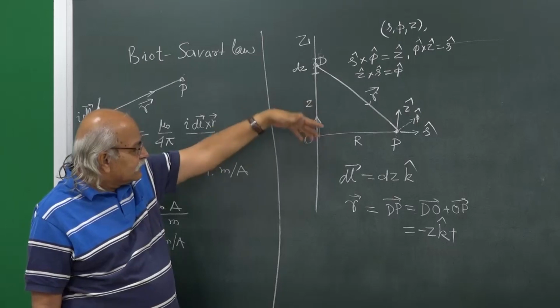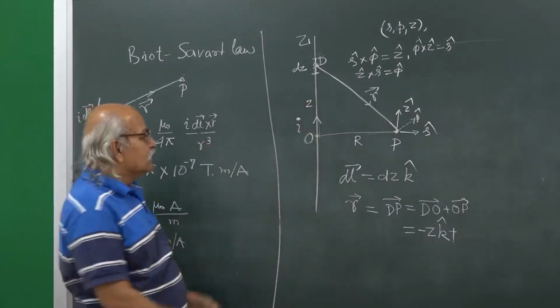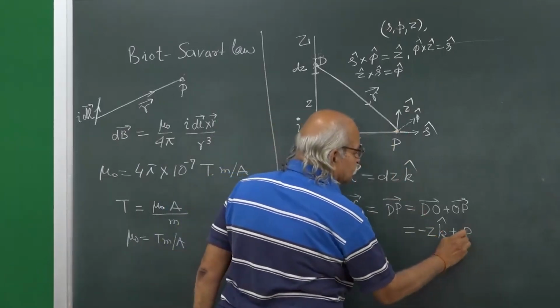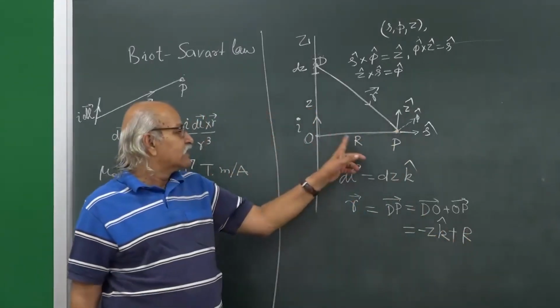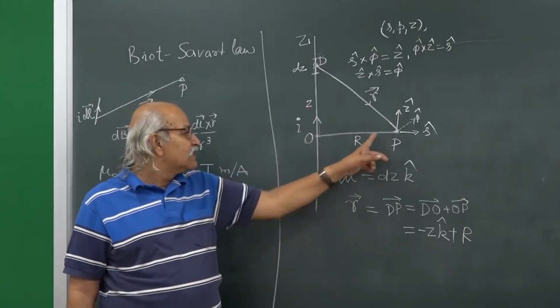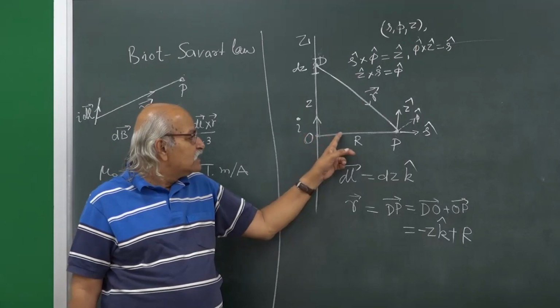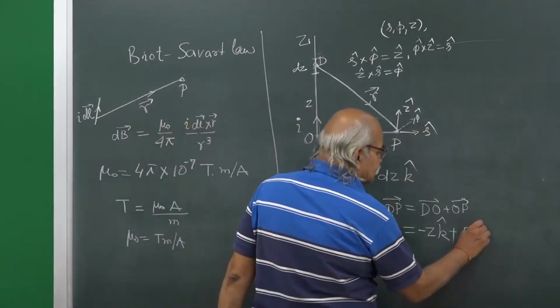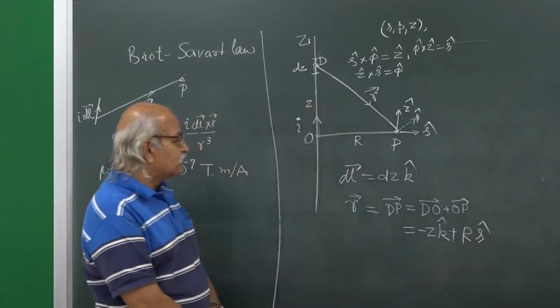So, minus z k cap and plus op. What is this op? This op is r, the distance from the wire here, and op is in the direction of s cap. So, it is s cap. So, that is r vector.